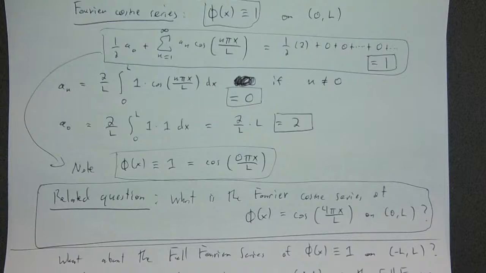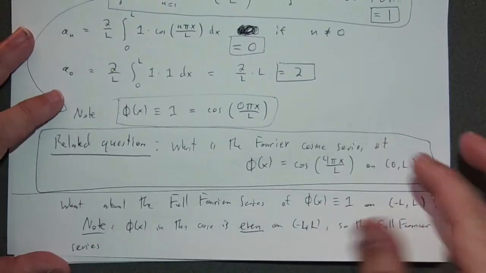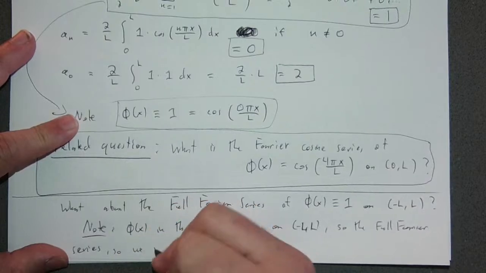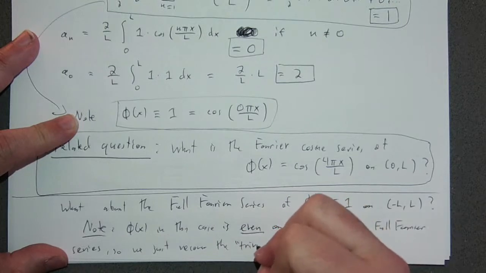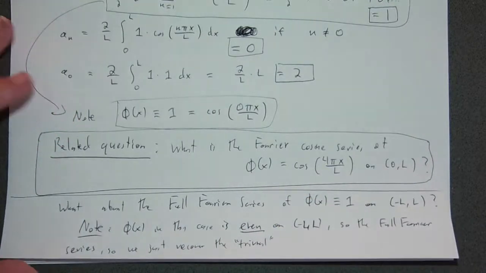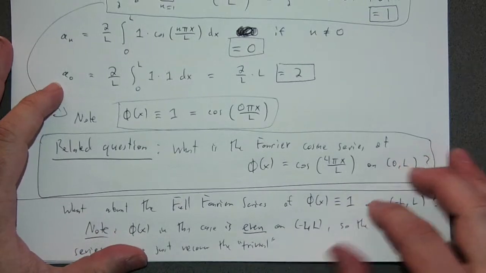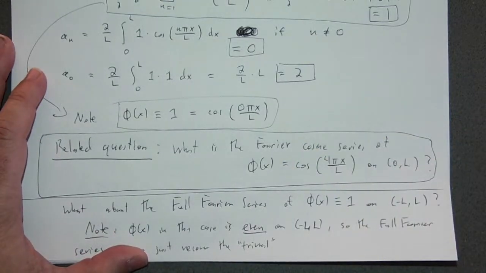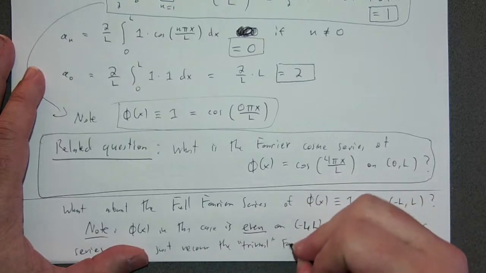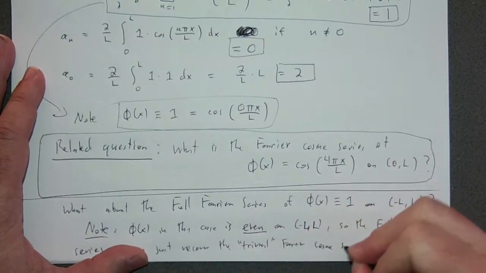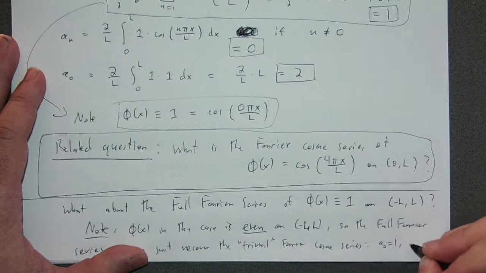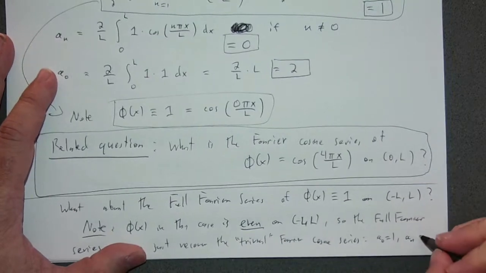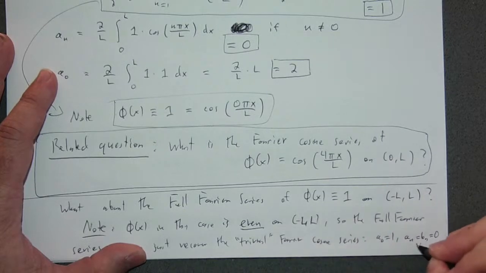I want to say trivial in the sense that it has finitely many terms and actually just has one term, not identically 0. So we recover this trivial Fourier cosine series, which is just a0 is 1 and a sub n and b sub n are all 0 for all n not equal to 0.